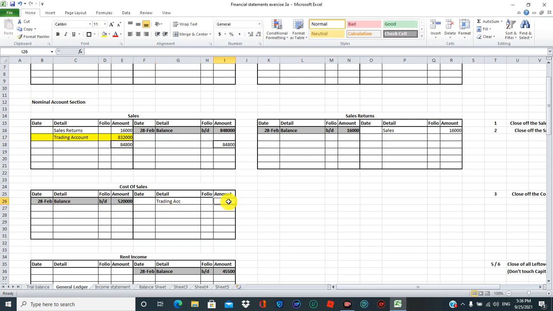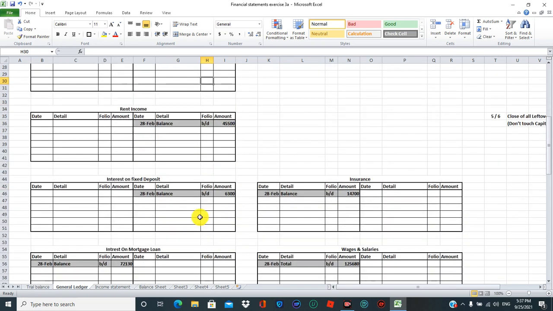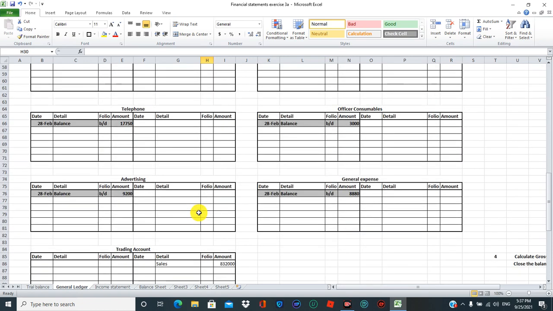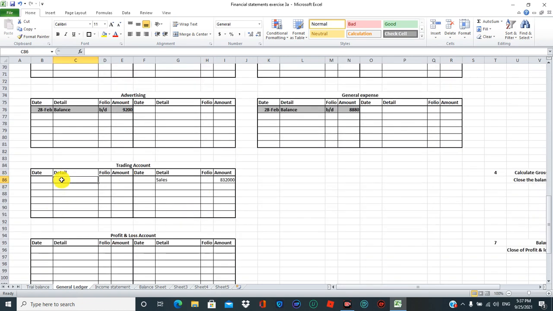That's the full amount, 520,000. Right? So we close it off, and now we have to move that to the trading account. And once again, you see here I've got a credit balance, so that'll go to the debit side of the trading account. Okay, so that is cost of sales.